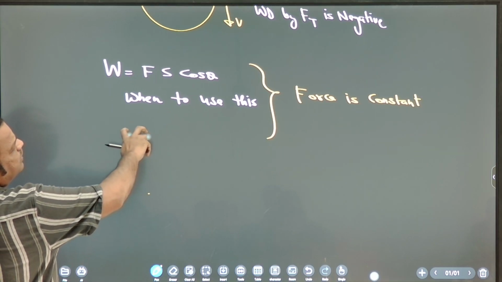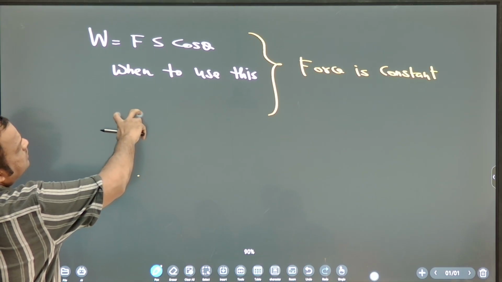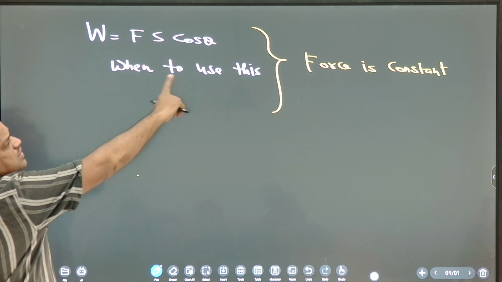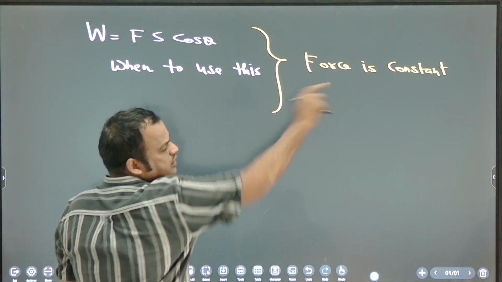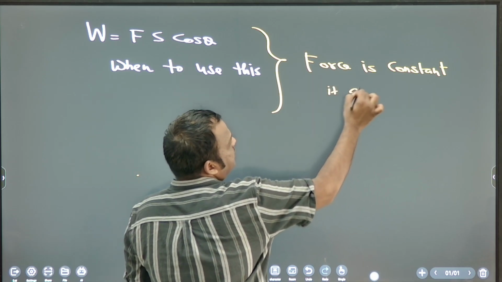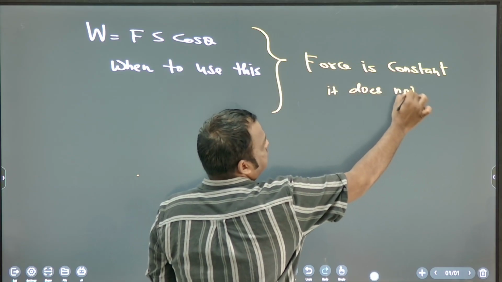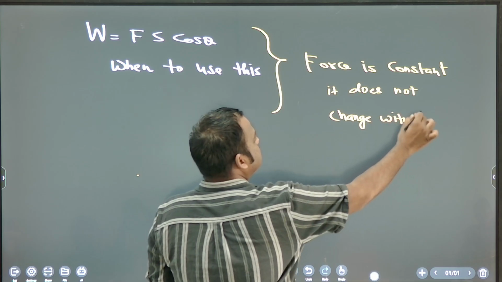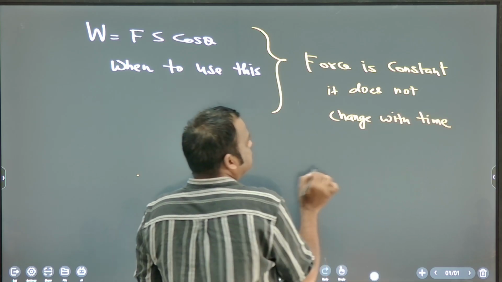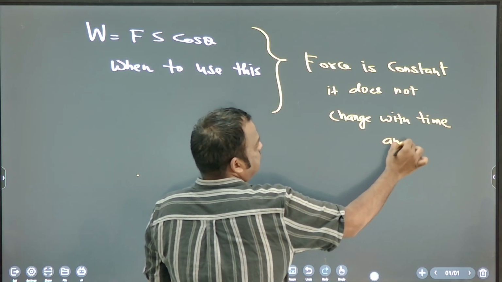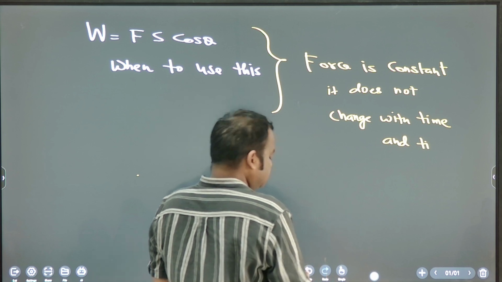I will give one example. You will understand this. Fs cos theta, what is the condition? Force is constant. It should not change with time. It does not change with position.